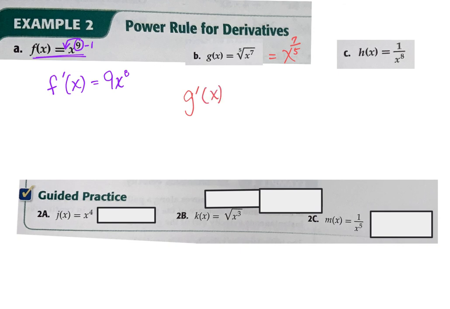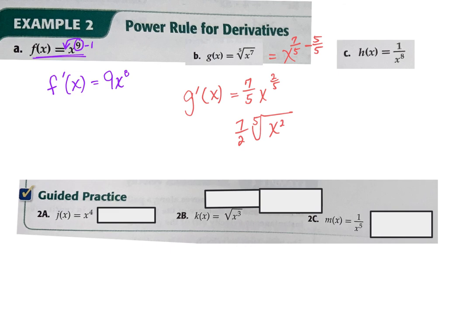The derivative of g of x is going to be, I'm going to take that 7/5, multiply it in front, x to the, subtract 5/5, 2/5. You can rewrite it if you want to, 7/5, 5th root of x squared, but these are the same thing. Wait, why is it 2/5? I subtracted 1, which is 5/5. Common denominator. All right, look at the next one.